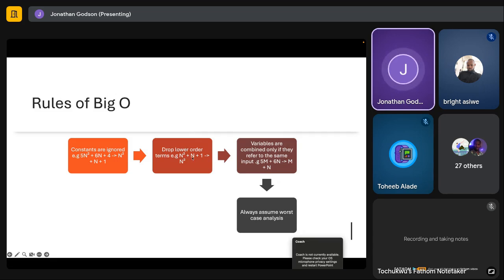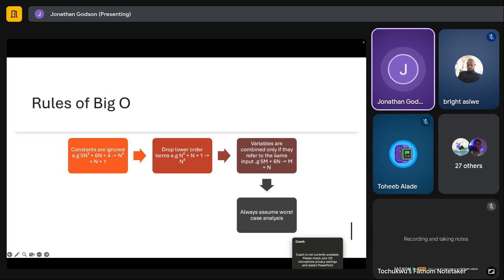So n squared: if n is large, of course, the rate at which n squared grows is higher than the rate at which just n grows. The lower order terms here are n and plus 1. So you have your n squared left.